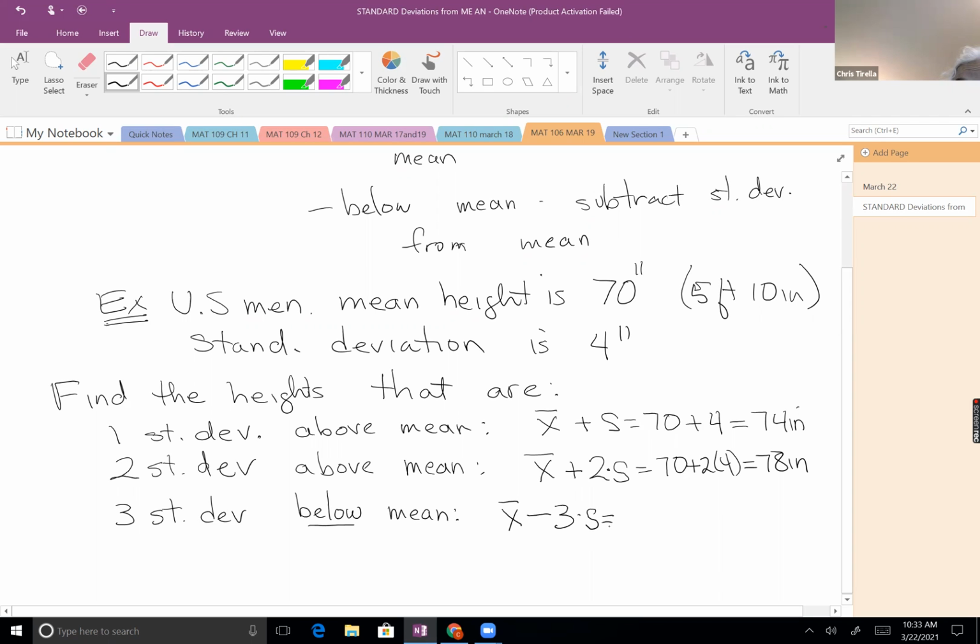I want to subtract 3 of them. So that would be 70 minus 3 times 4. And hopefully everybody remembers their order of operations. I have to multiply first. 3 times 4 is 12, and 70 minus 12 would be 58 inches.